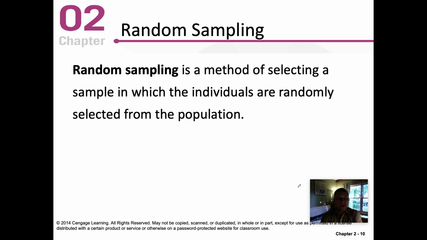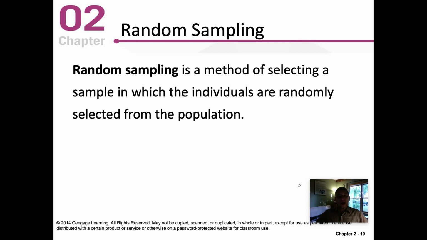So, random sampling is defined as a method of selecting a sample in which the individuals are randomly selected from the population. This should result in a sample that is representative of the population. We'll see whether the pollsters learned their lesson in the next presidential election.